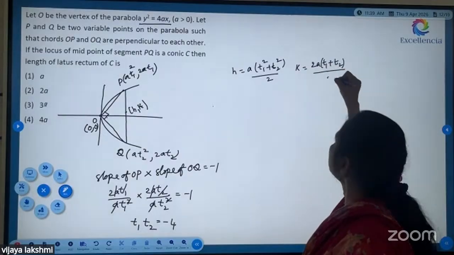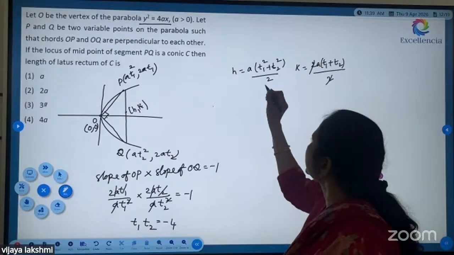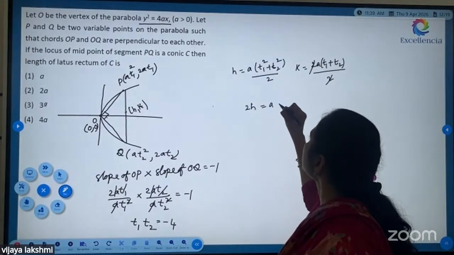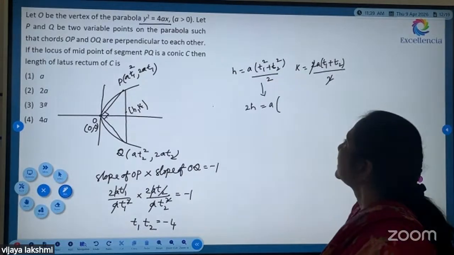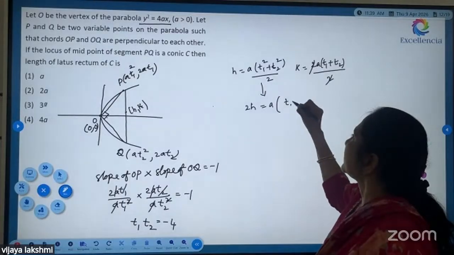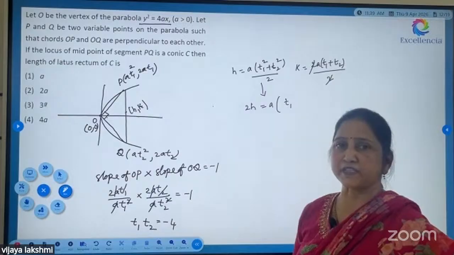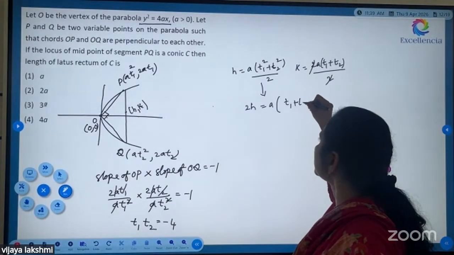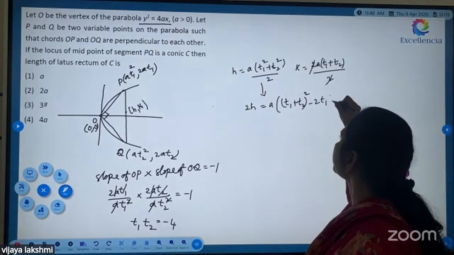But if you eliminate this parametric, then we can get into the form. Here I am writing 2h equal to a into t1 square plus t2 square. I will write it as a square plus b square form. That's why I'm going to write a plus b whole square minus 2ab form I'm trying to write: t1 plus t2 whole square minus 2 t1 t2.